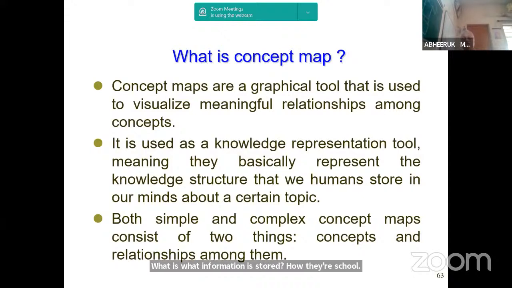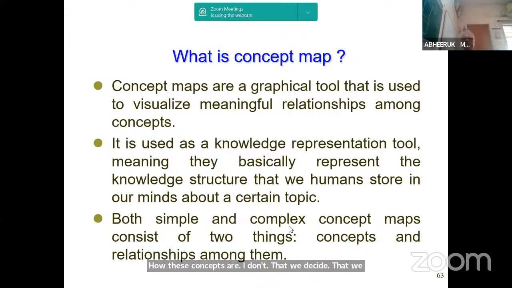So that is the knowledge. This concept map is what we call the cognitive structure. That means how these concepts are arranged in the brain, that we represent in this.